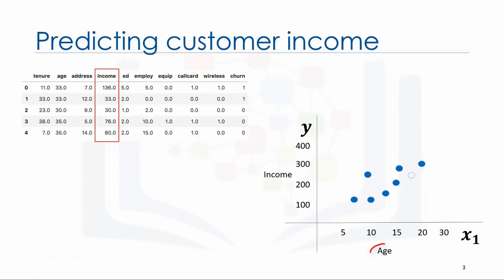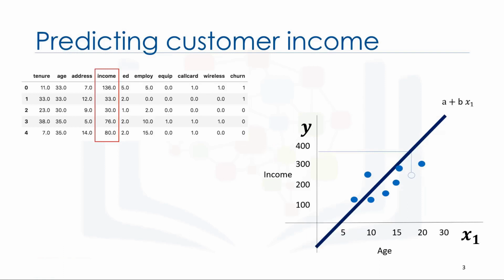We can plot it and show age as an independent variable and income as the target value we would like to predict. With linear regression, you can fit a line or polynomial through the data. We can find this line through training our model or calculating it mathematically based on the sample sets. We'll say this is a straight line through the sample set.